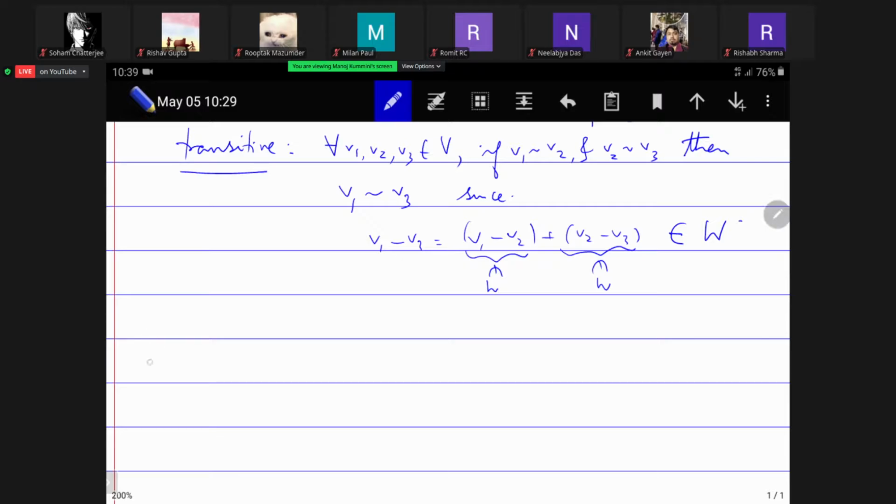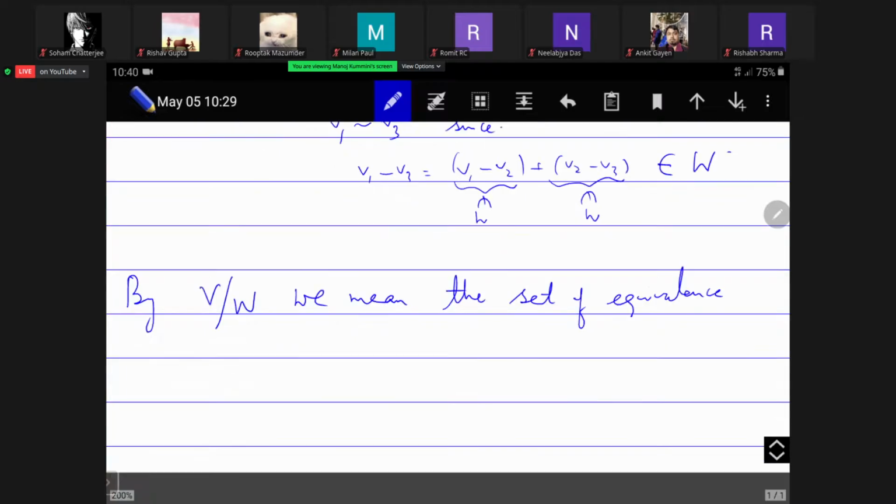So by definition, by V mod W we mean the set of cosets, the set of equivalence classes for this equivalence relation.